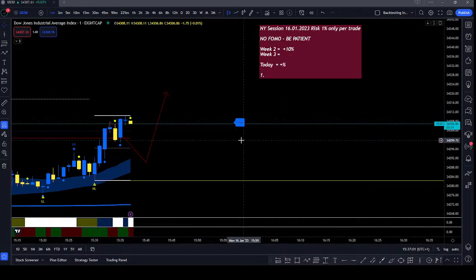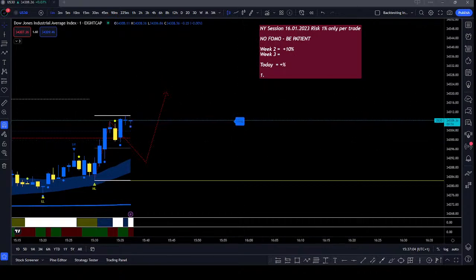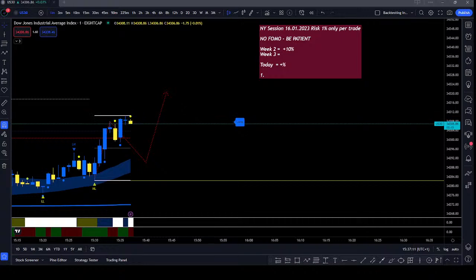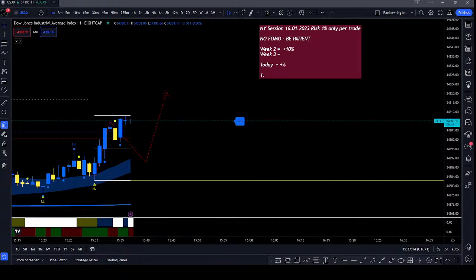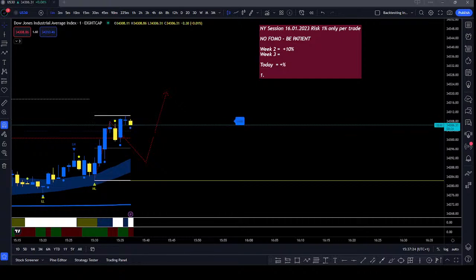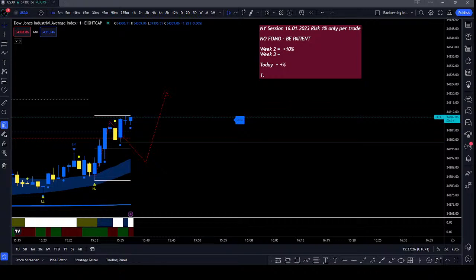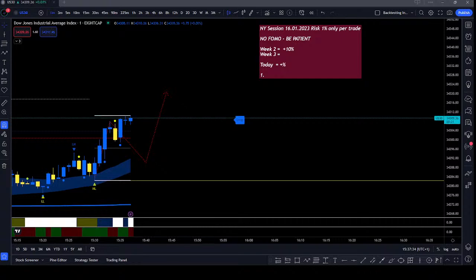So no entry on this candle. The market is really not as volatile as what we are expecting on a market open. I really don't know what's cooking. We might get good volatility in the next 30 minutes, as soon as we close the first 30 minute candle.